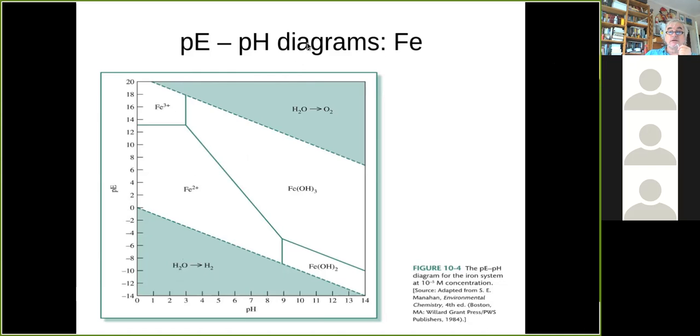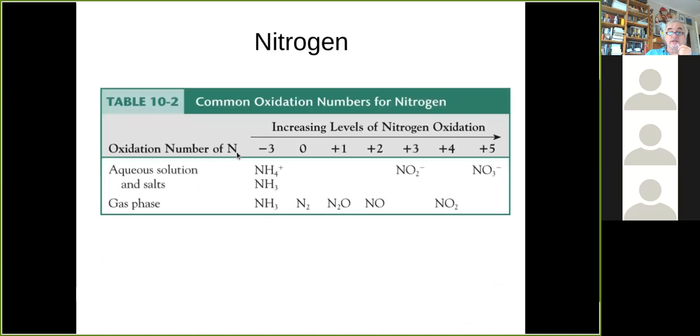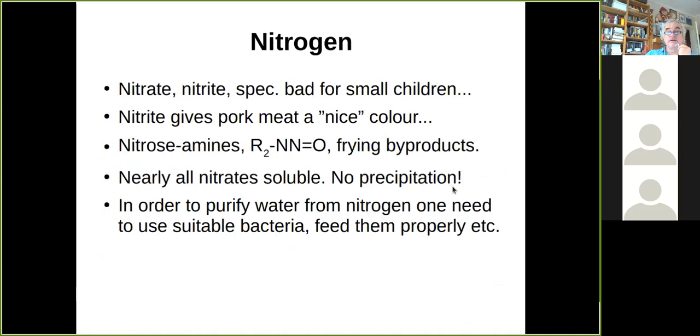Let's see. For example, nitrogen has a lot of different oxidation states. Whether we have nitrate, nitrite, etc. This could be of interest because it's not so healthy, especially for children.